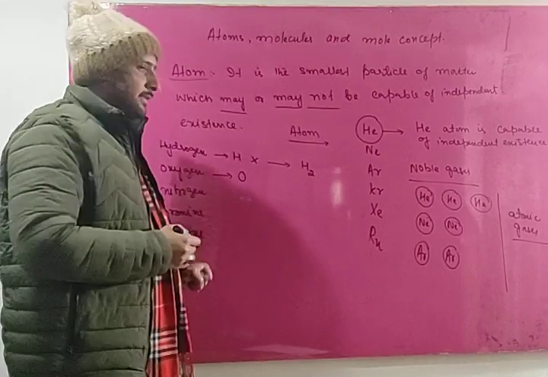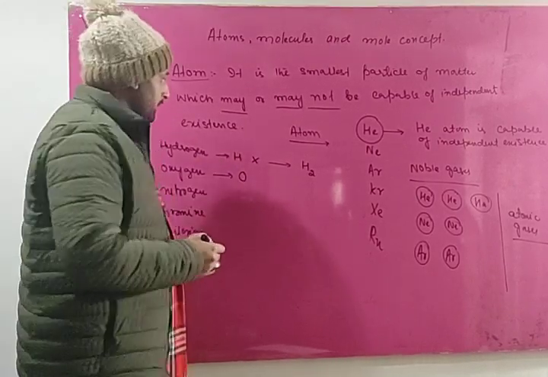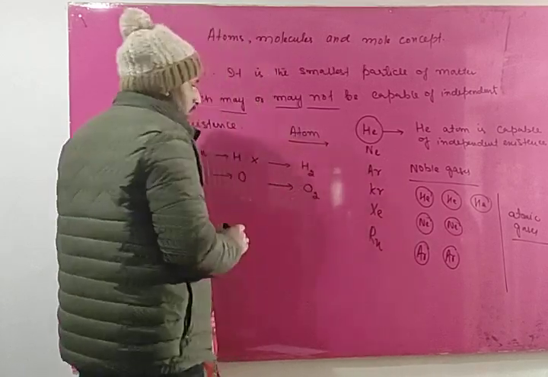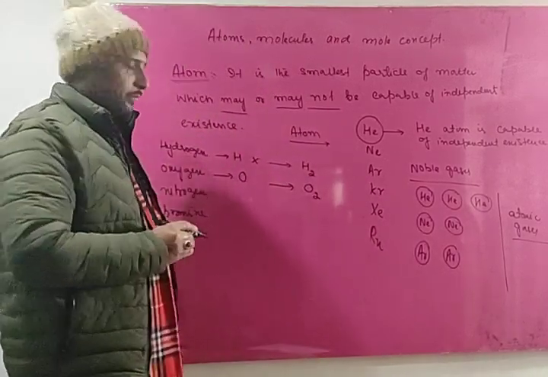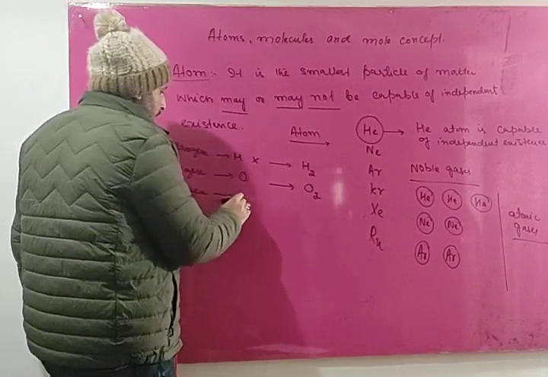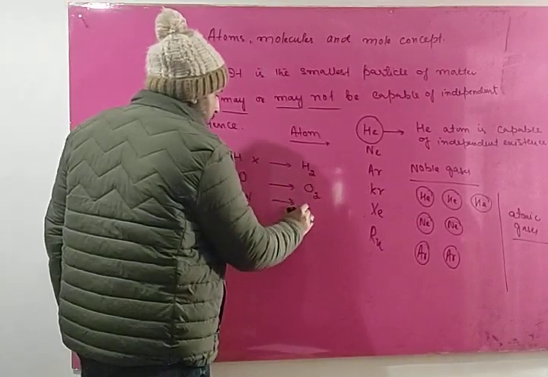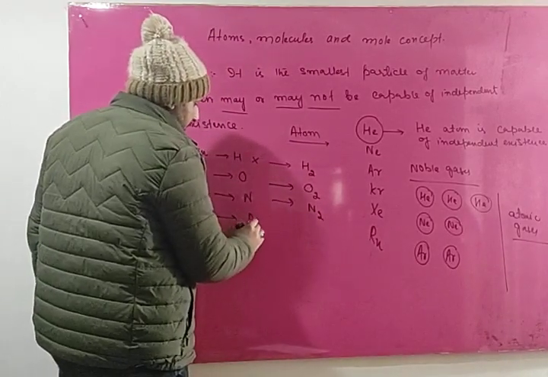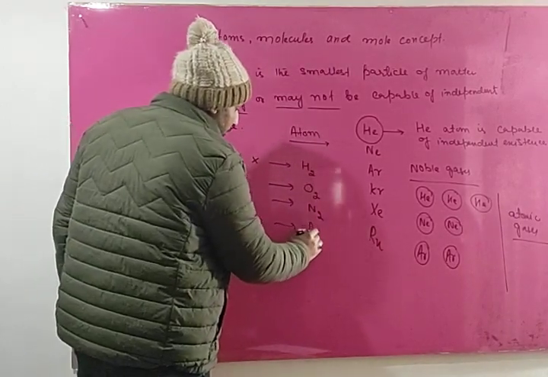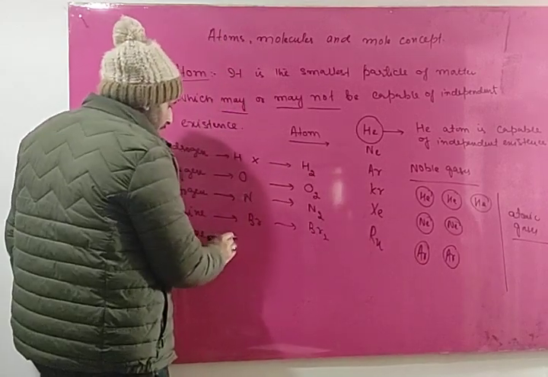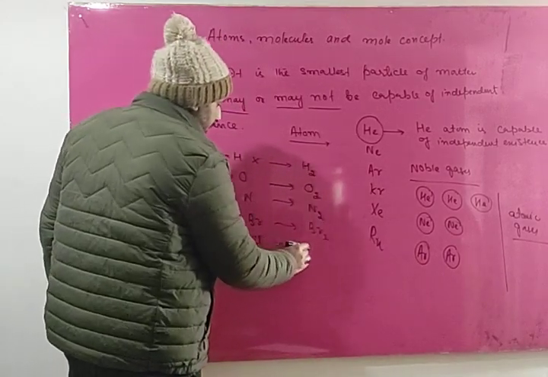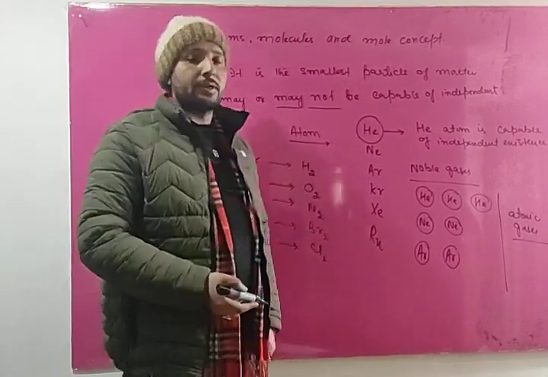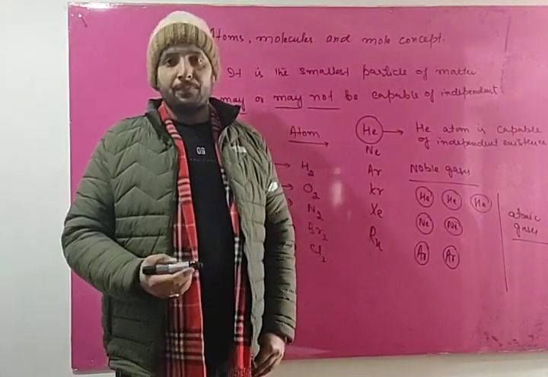It does not exist as separate oxygen atom, but it exists as oxygen molecule, which we call dioxygen, right? Nitrogen, likewise, exists as N2. Bromine exists as Br2. Likewise, chlorine exists as Cl2. Likewise, phosphorus exists as P4. Sulfur exists as S8.